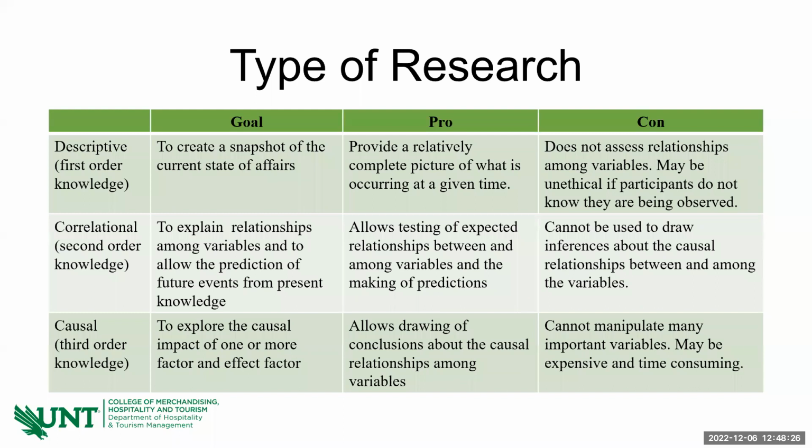First of all, regarding the type of research, there are 3 types of research. First is descriptive research, which generates first-order knowledge. So it is mainly, let's say you just give out a survey and do some descriptive statistics, which describes who your customers are or what your products are like.